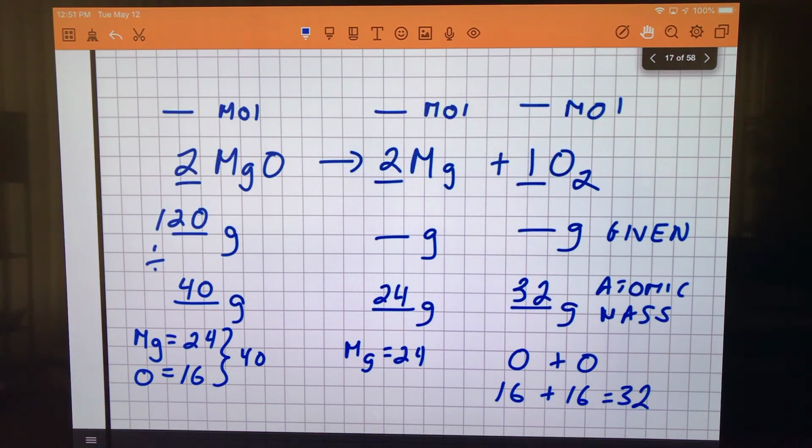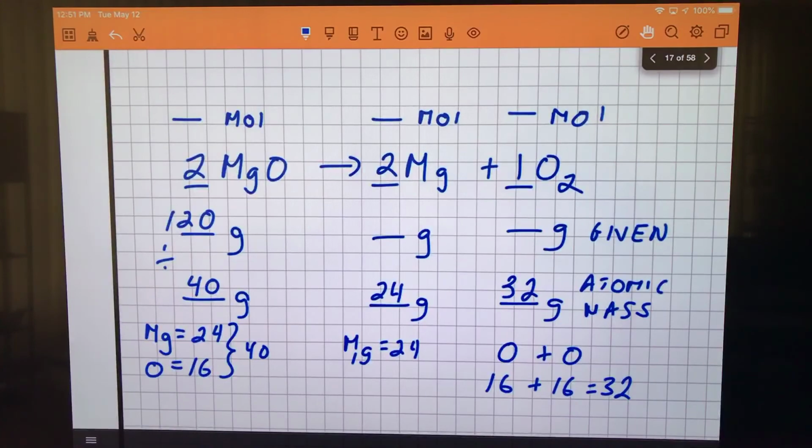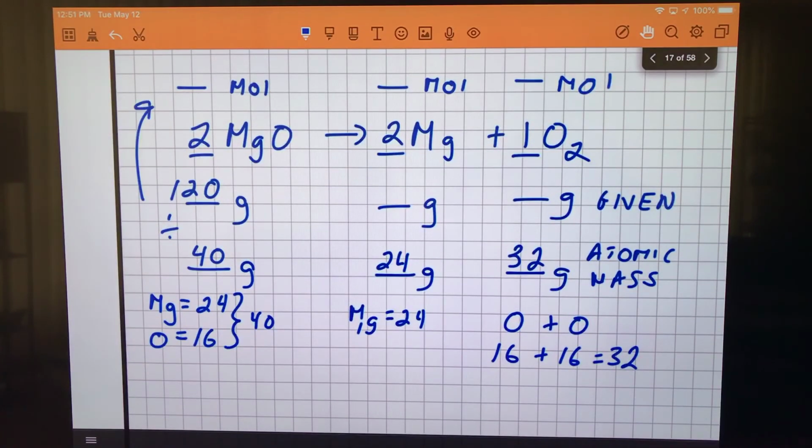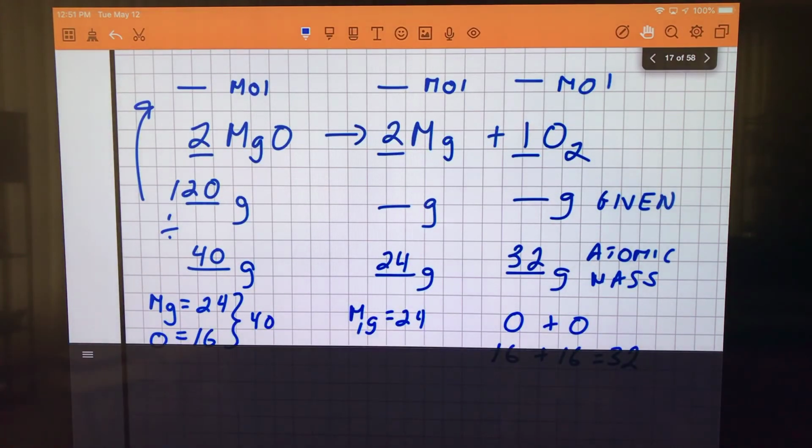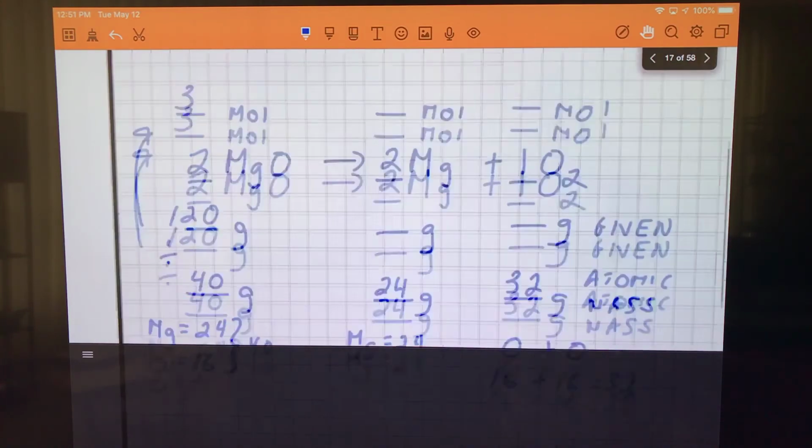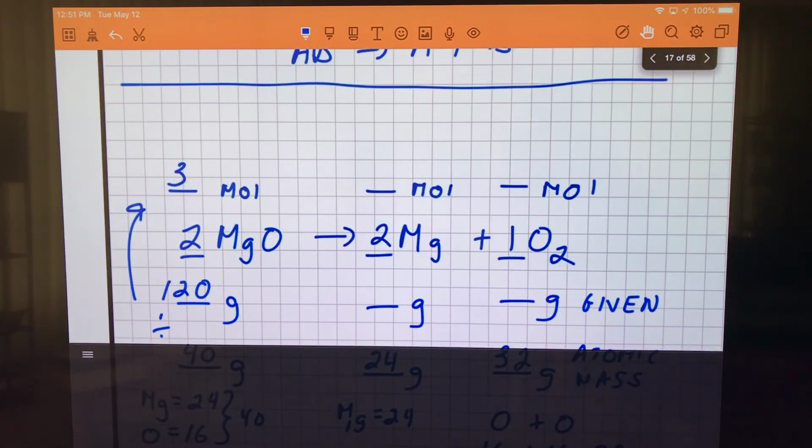So 120 divided by 40 is going to be 3. Okay? All right, so since we only have one reactant, we already know what's limiting. It's our single reactant. That one right there is limiting.